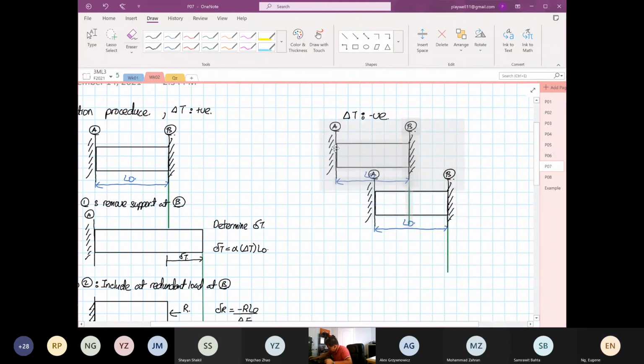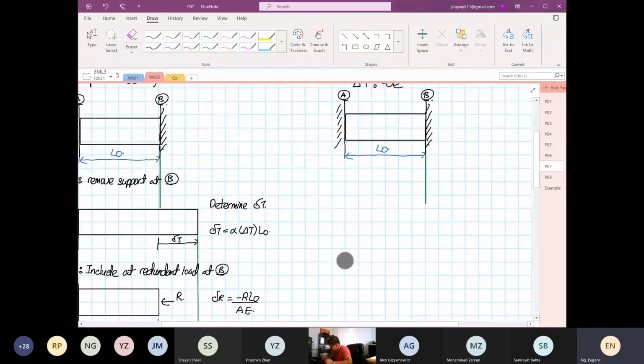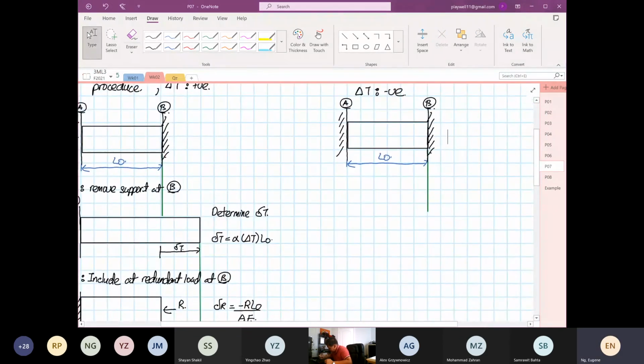So when the change in temperature is reduced, we know that we are going to induce a contraction. The length will be shortened. So now the length has been shortened by this much, from here down to here, and this is due to temperature.